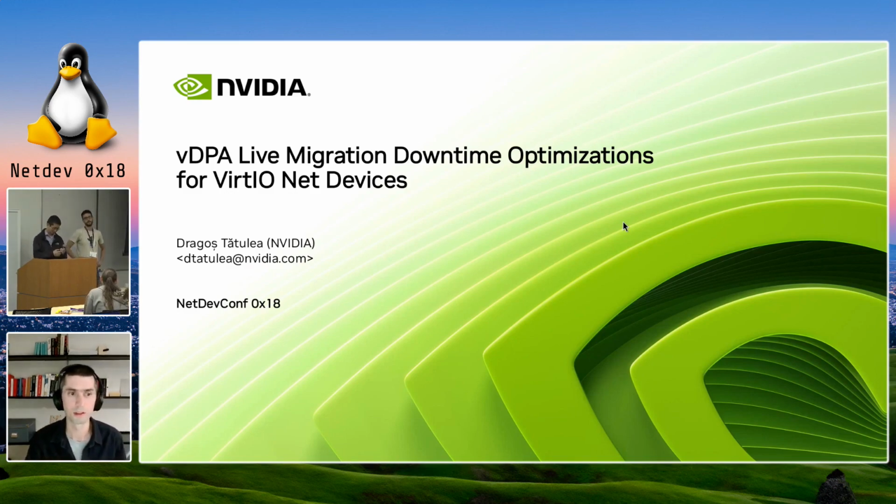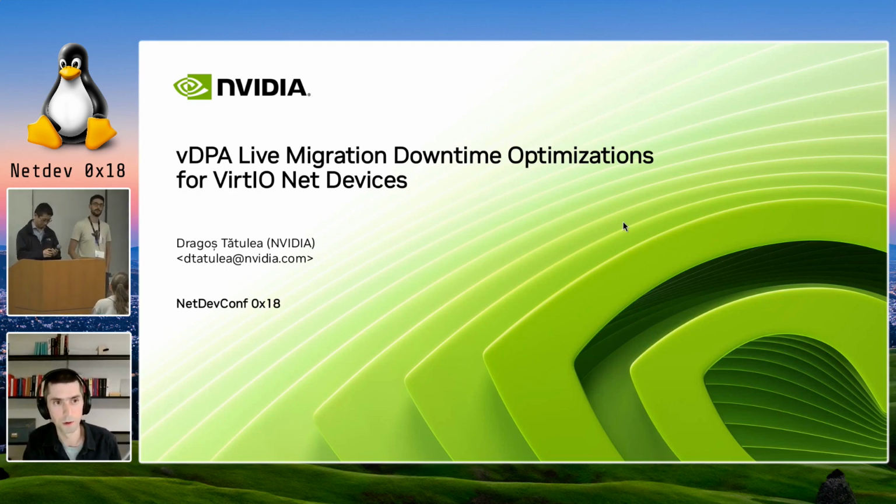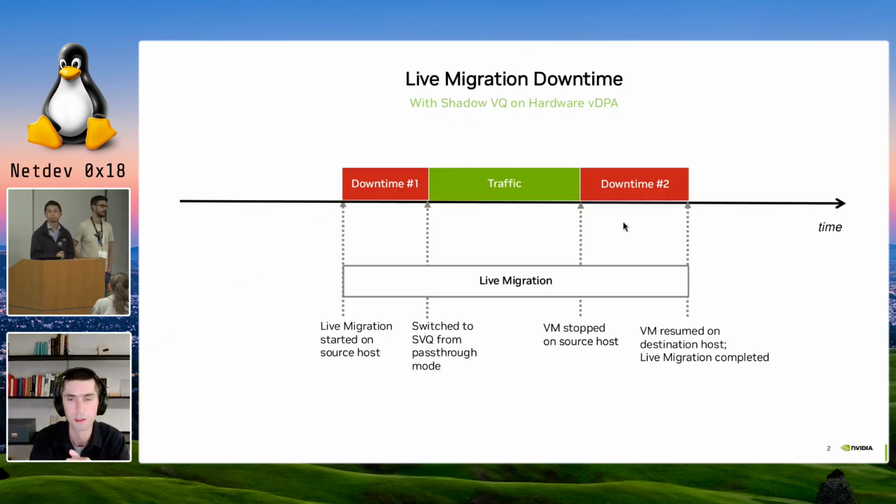Hello, everyone. My name is Dragoș Setula. I'm from NVIDIA. So we're going to go through the improvements that were made for vDPA live migration downtime. Let's quickly define what downtime means, or rather the two downtimes. The first downtime is at the start of live migration, when the shadow work queues are reconfigured and then started.